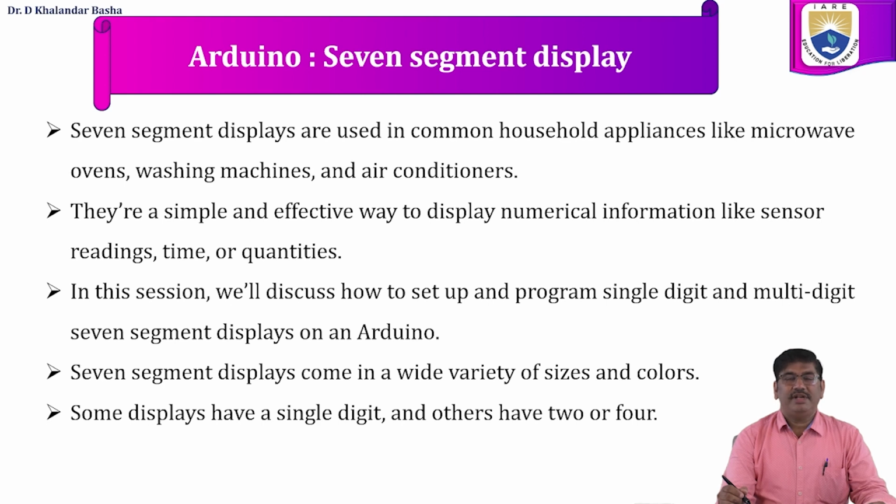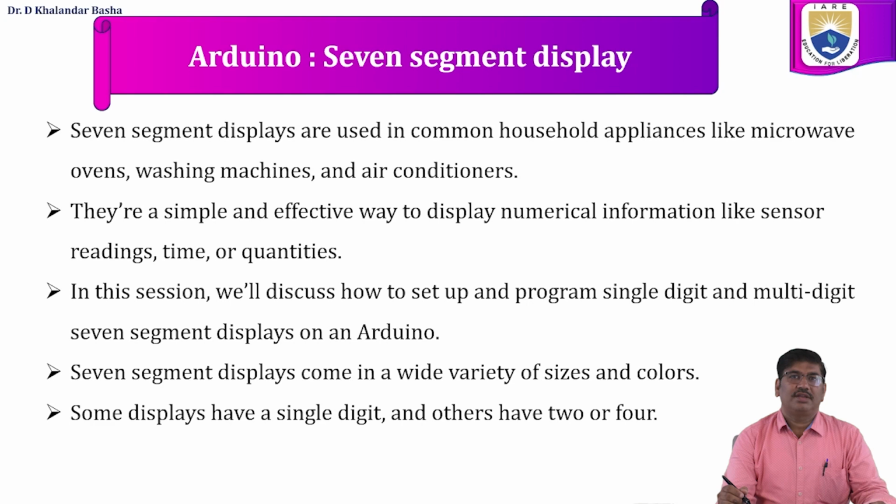So, 7-segment displays are used in common household appliances like microwave ovens, washing machines, and air conditioners. They are a simple and effective way to display numerical information like a sensor reading, time, or quantities.